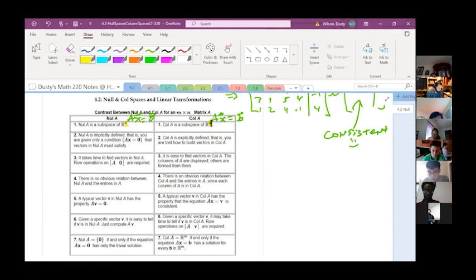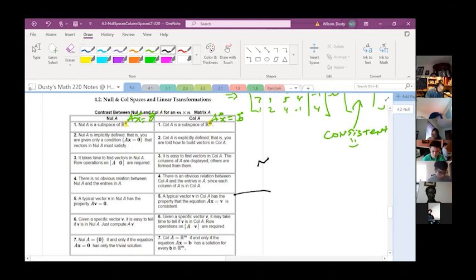Abed, you want to take 4? There is no obvious relation between null A and the entries in A. For column A, there is an obvious relation between column A and the entries in A, since each column of A is in column A. Let me just pause there for a second.